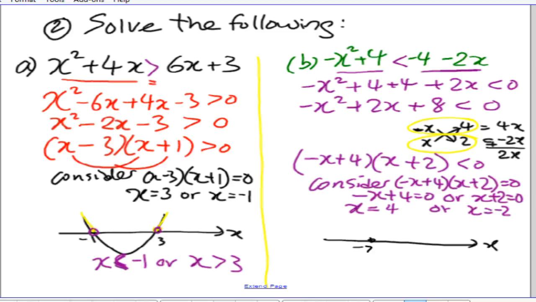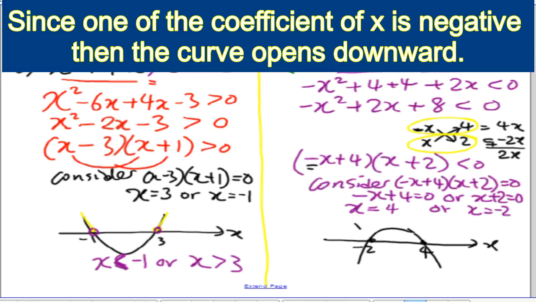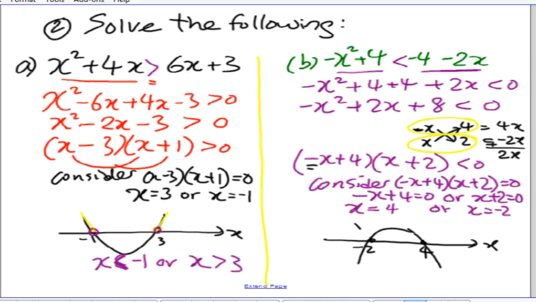Here's negative 2, here is 4. This curve is negative, so it's an unhappy curve like this. All right, and I want it to be less than 0. That means open circle this part, open circle this part. Therefore, x here must be less than negative 2, or x is larger than 4.